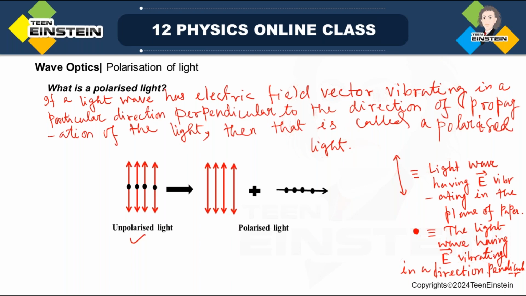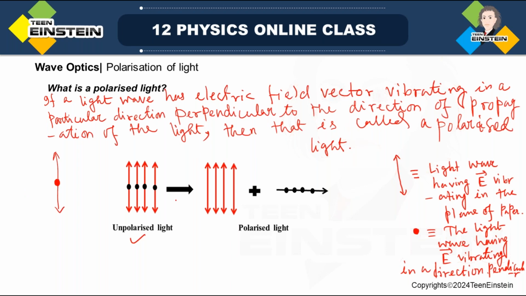Here, because of less space, I'm just saying that. So you can see in unpolarized light there are electric field vectors oscillating in plane and electric field vectors oscillating out of plane, perpendicular to the plane of the paper.